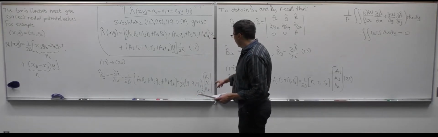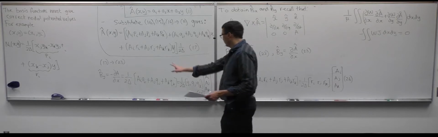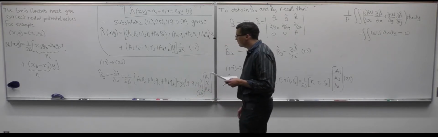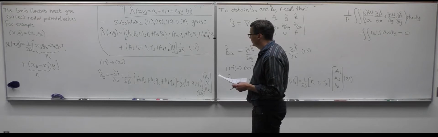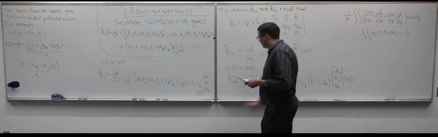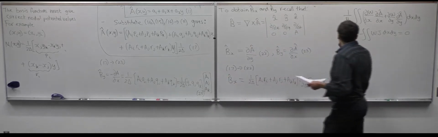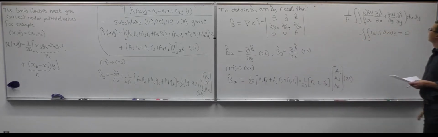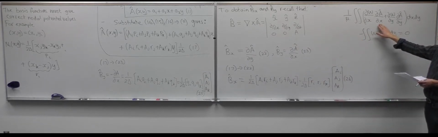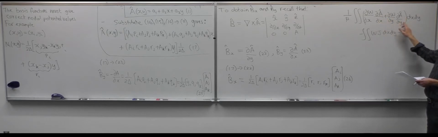So now that will give us the by. Okay. So now if we look at our weighting function, we've evaluated what the derivative of A with respect to x and A with respect to y is.